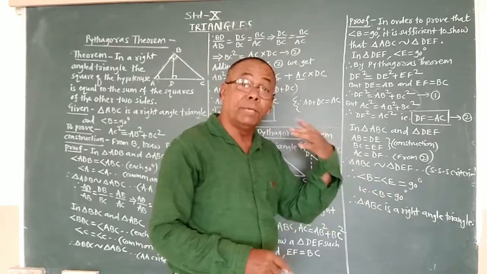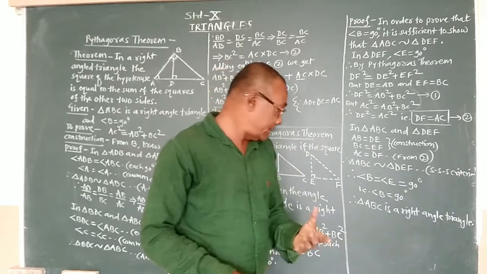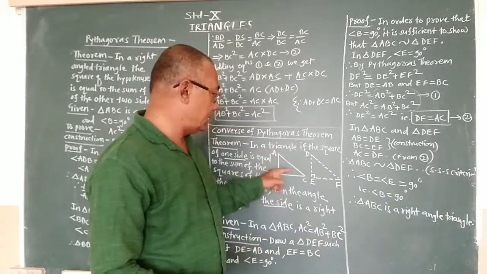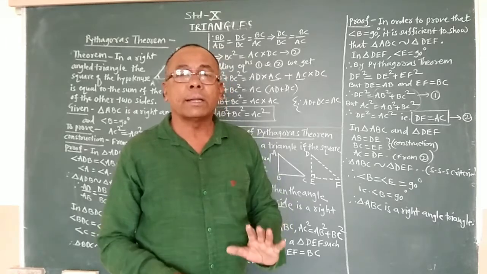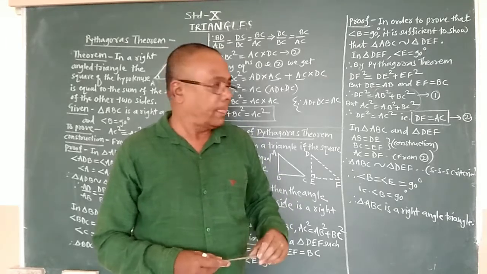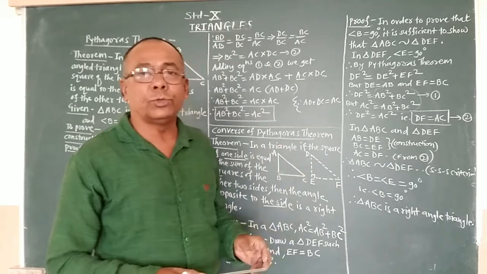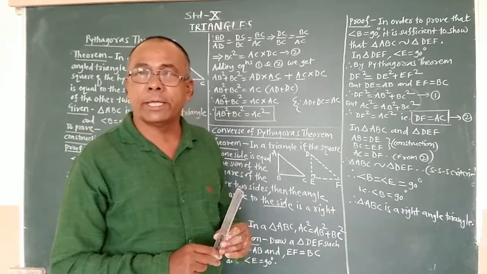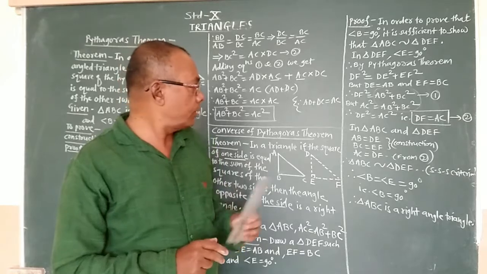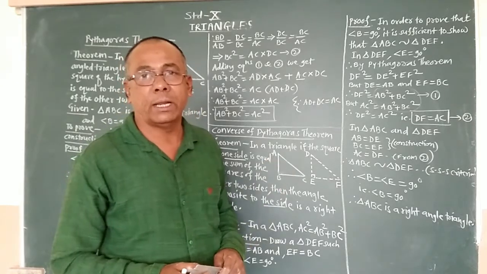And if angle B is 90 degrees, then triangle ABC is a right angled triangle. So these are the two very important theorems from the point of view of our examination. So we have to study them well.